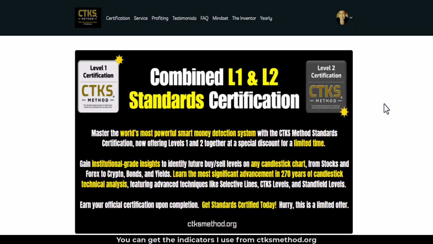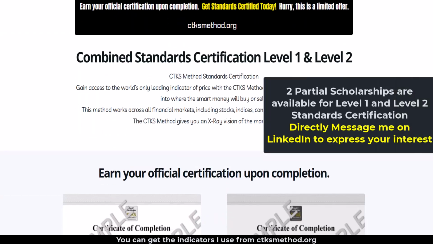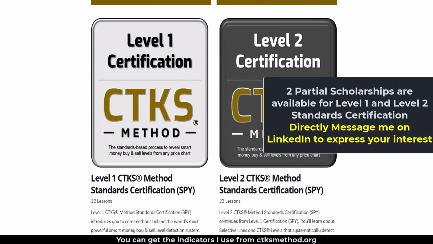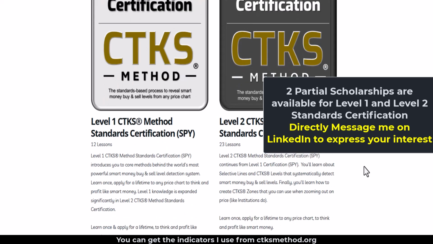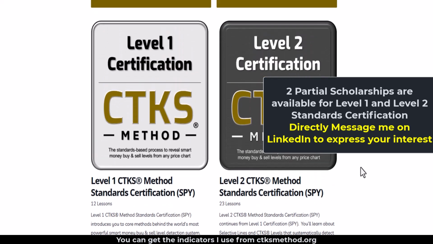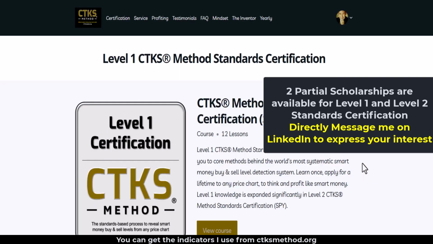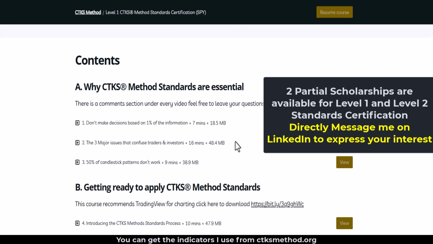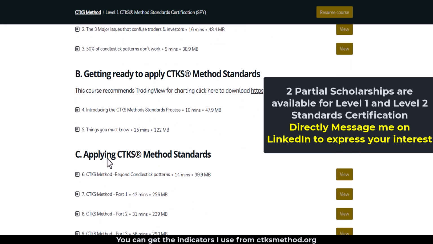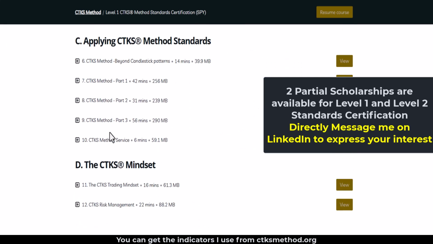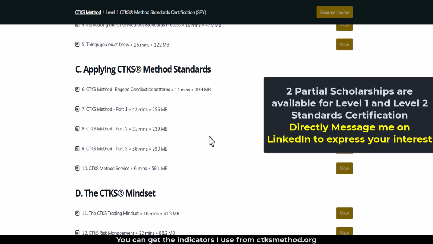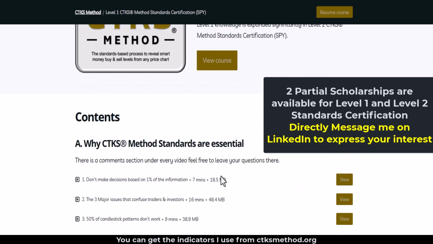I'd like to tell you a little bit about Level 1 and Level 2 standard certification. When we look at Level 1, this is the primary foundation that we use to mark up charts, but all the magic happens inside Level 2. They look like just pure dotted lines, but they're not. For example, when we look at Level 1 standard certification, there are actually a lot of things that we need to do in order to be able to mark up charts just from a basic stance.